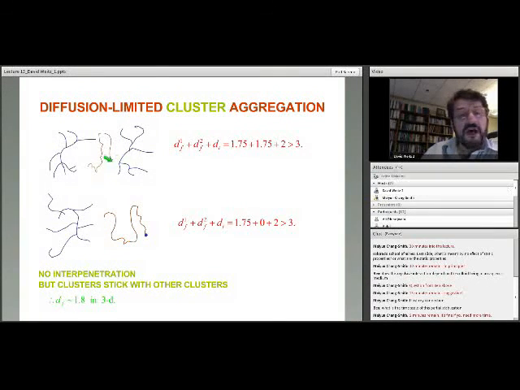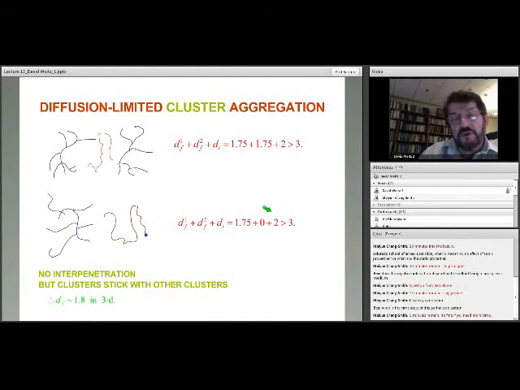But notice if you had a single particle, a fractal object, and something that was reaction limited, that is, where there was equal probability of sticking anywhere, then the trajectory dimension would be 0. And so the sum of all these dimensions is actually less than 3. If it's less than 3, then you don't have the particles sticking on the outside.